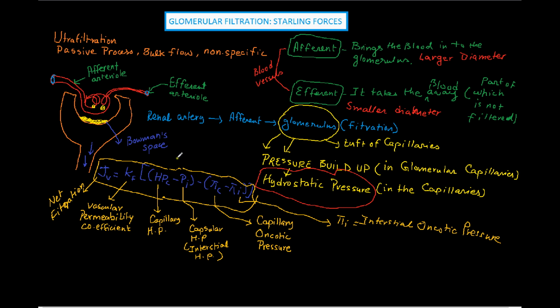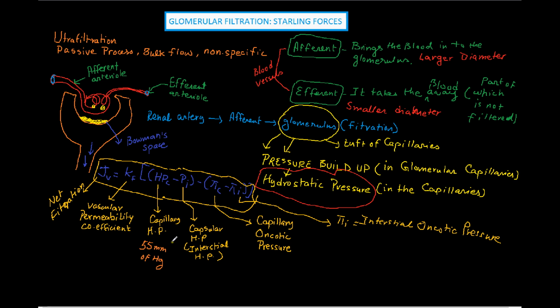Okay, so we already talked about the pressure buildup and the hydrostatic pressure in the capillaries. So that is that HPC, which is about, let me change the color so it's more visible, about 55 millimeter of mercury.